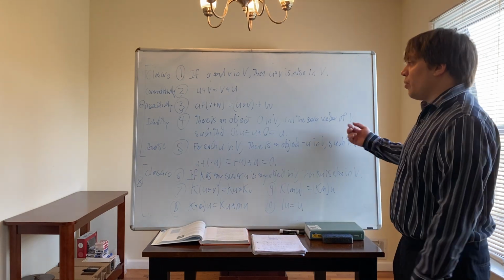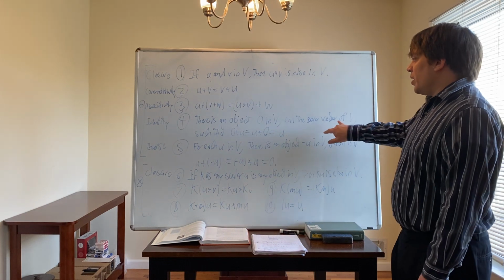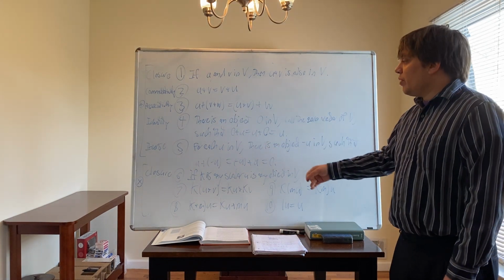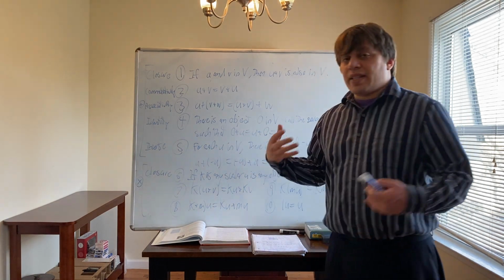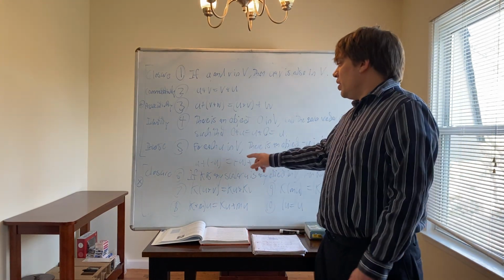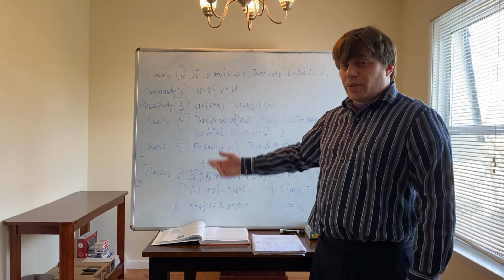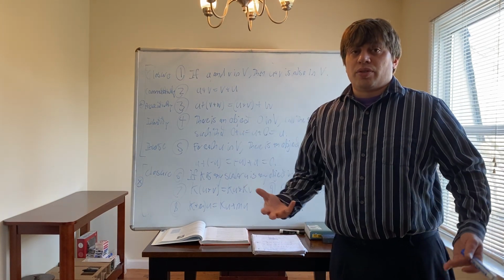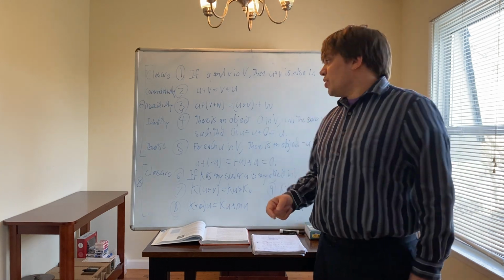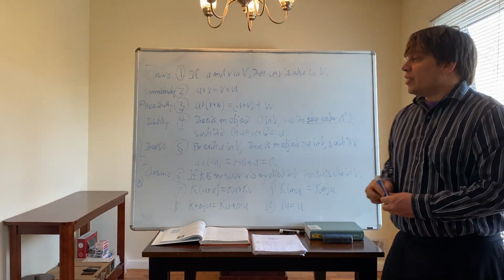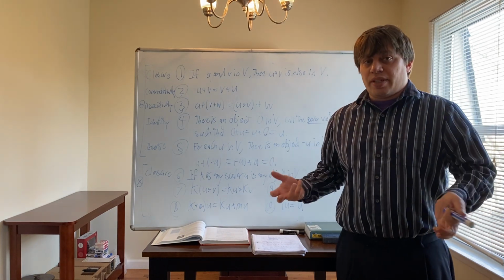Okay, so talking about 4, because this maybe is new. 4 is saying that there's an object in V where if you add it to any other vector, you get the same vector back. So if you start with any object u and you add this object called 0 to it, you still get u. And so that's the property of what's called the 0 vector. The 0 vector doesn't have to actually be 0.